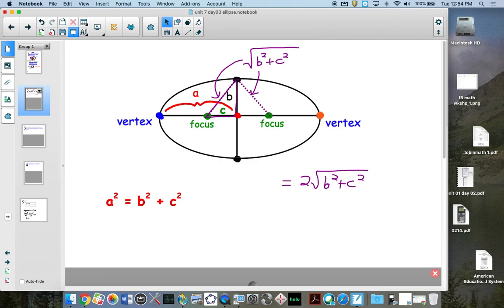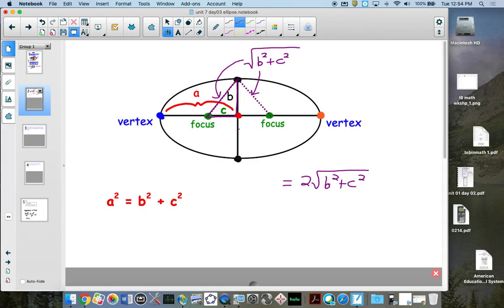Well, the distance to each of the foci, when I add those together, should equal the purple that I just calculated. So now we have to figure out, if from the center to the vertex is A and the center to the focus is C, then wouldn't that make this distance A minus C?